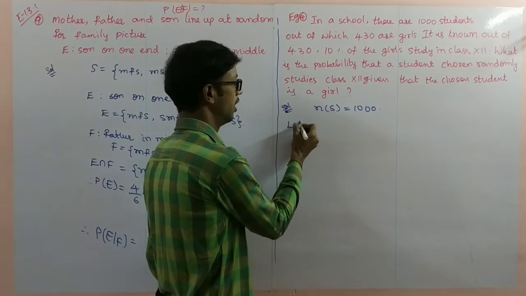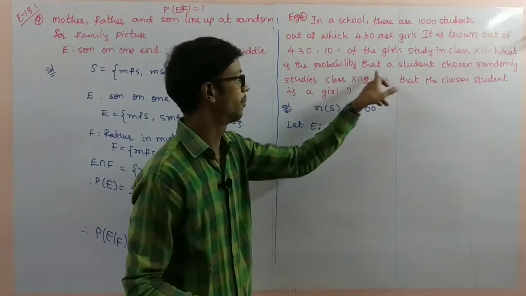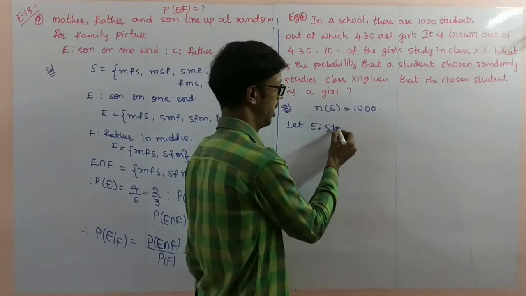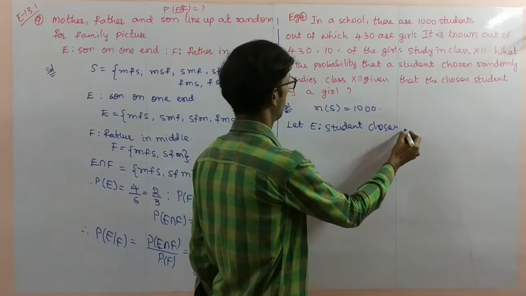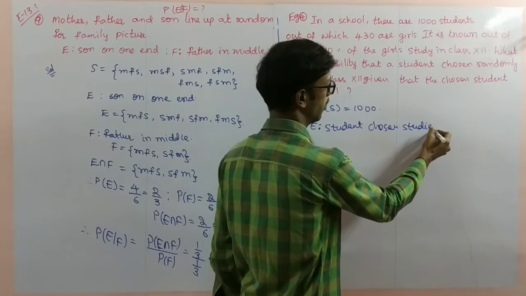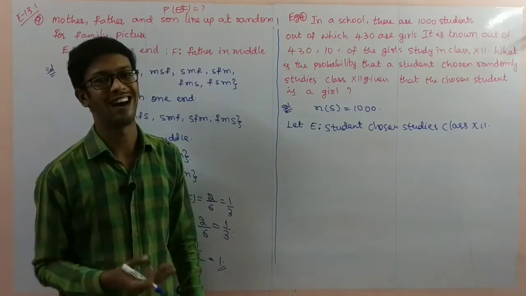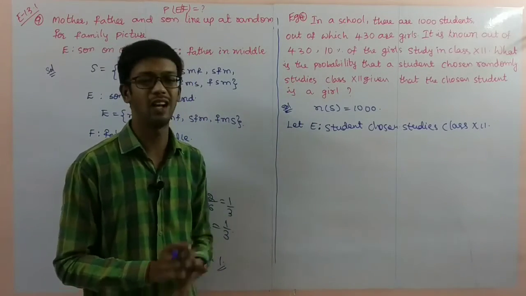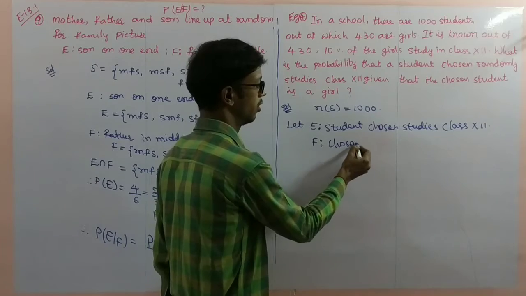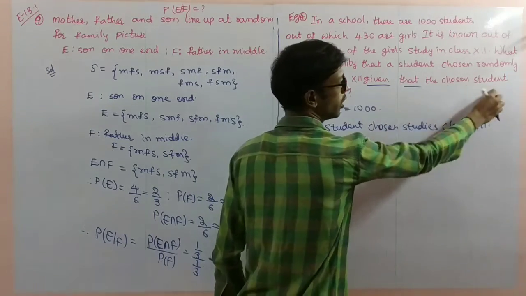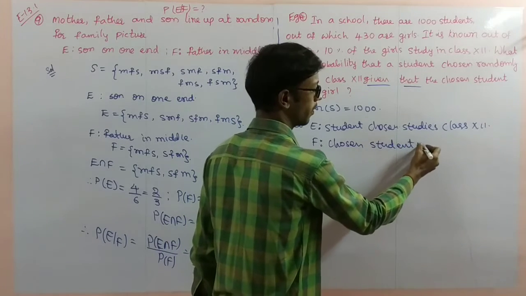Next, let E be the event that the student chosen studies class 12. We don't know how many members are in class 12, we just have to take the event E. Next, F is the event that the chosen student is a girl. Here it is already given that the chosen student is a girl.